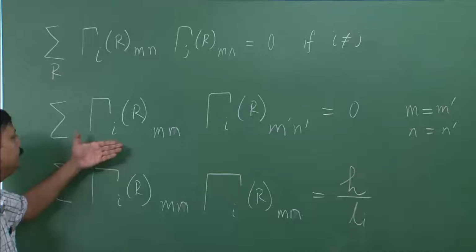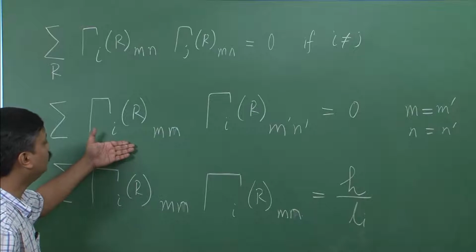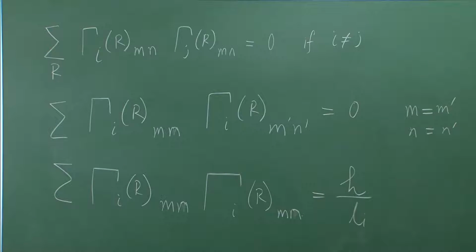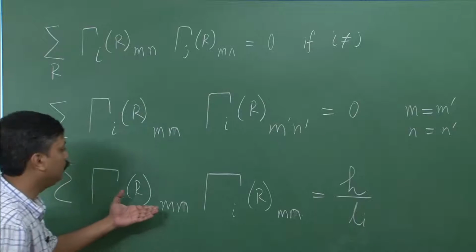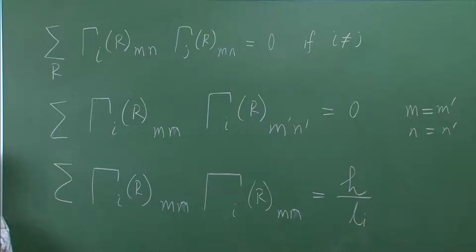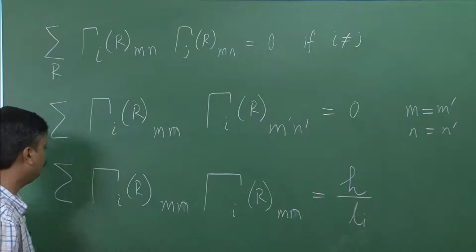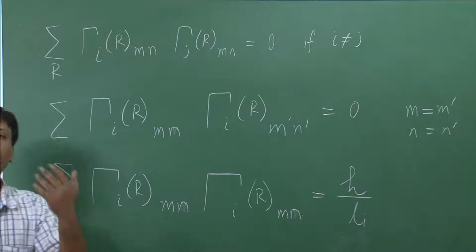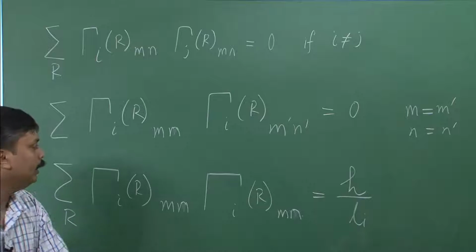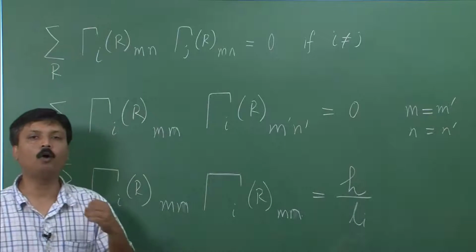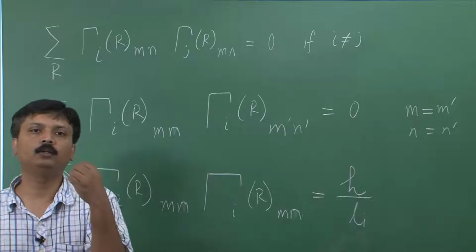We can see here that if I take the irreducible representation and choose the same irreducible representation and the same element of the matrix, and if we multiply them and then ultimately sum over all the symmetry operations, then essentially I get the square of the length of the vector.